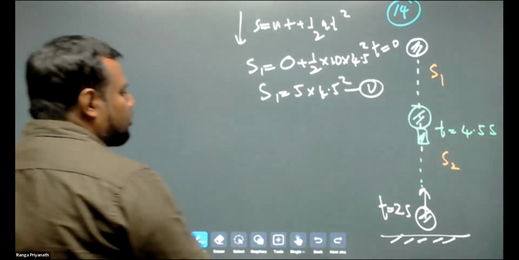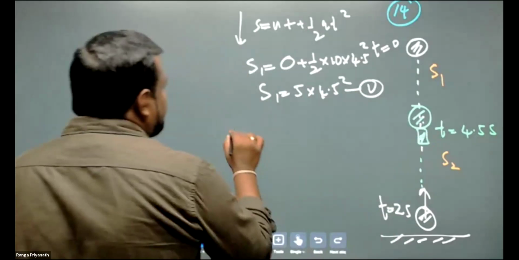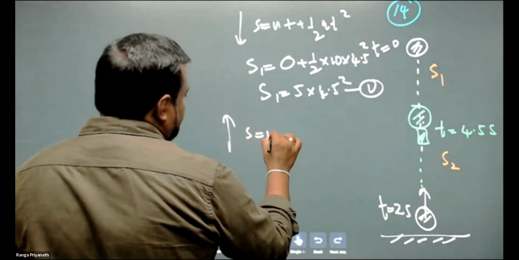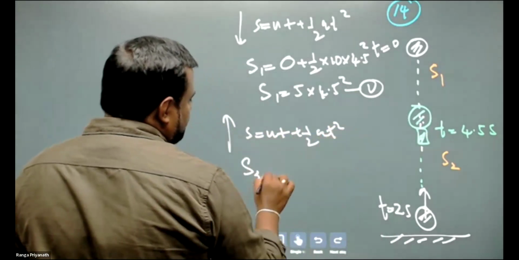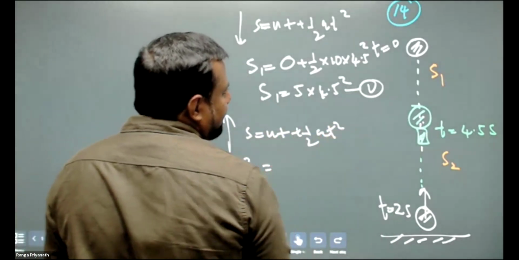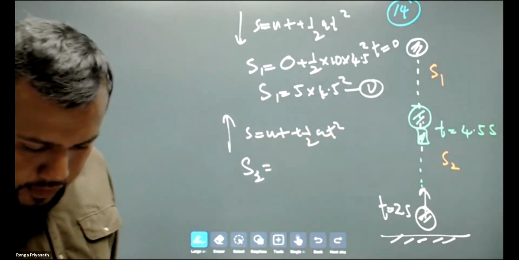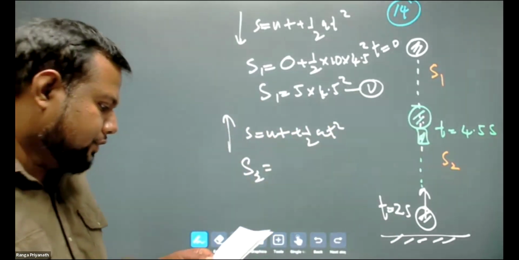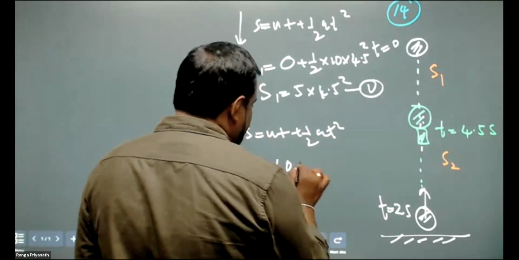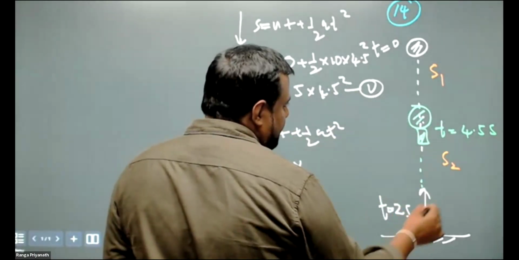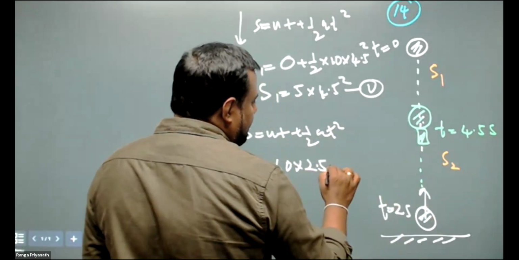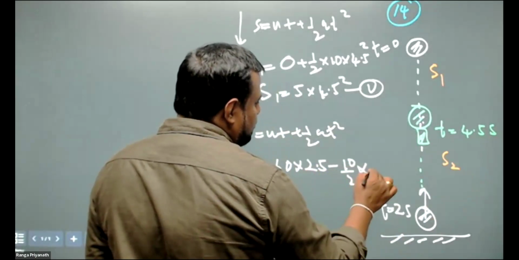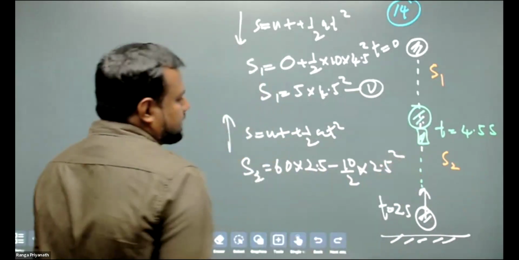Similarly, you can apply the equation from here to there, in the upward direction. S equal ut plus half at squared. For S2, the initial velocity is given as 60. The time is 4.5 minus 2, which is 2.5, minus 10 divided by 2, 2.5 squared.